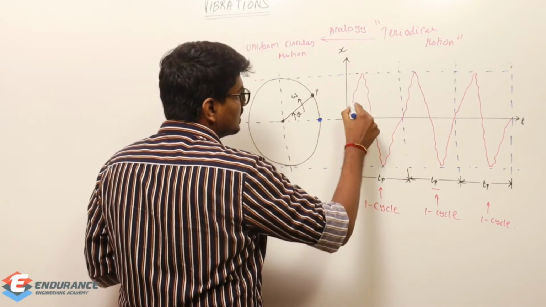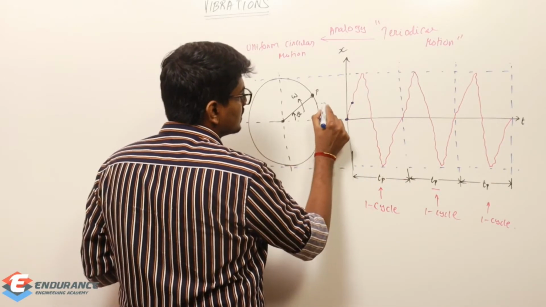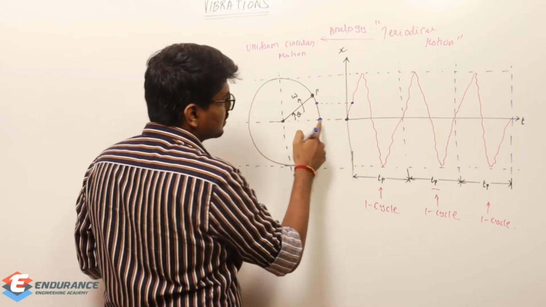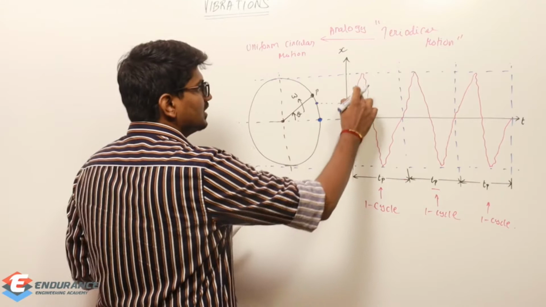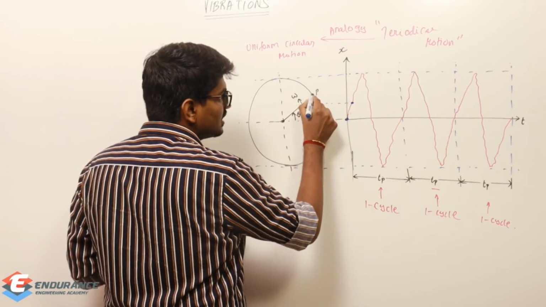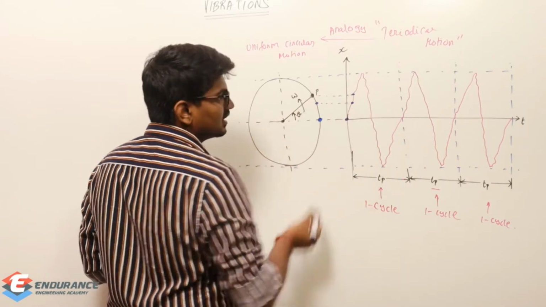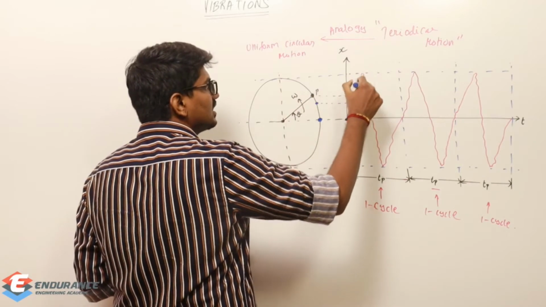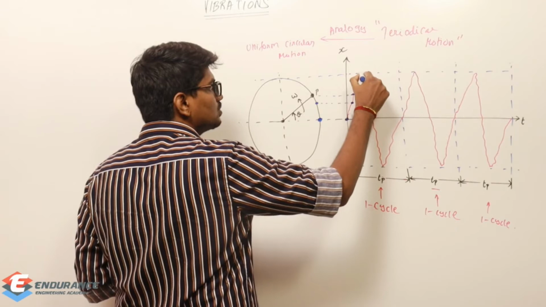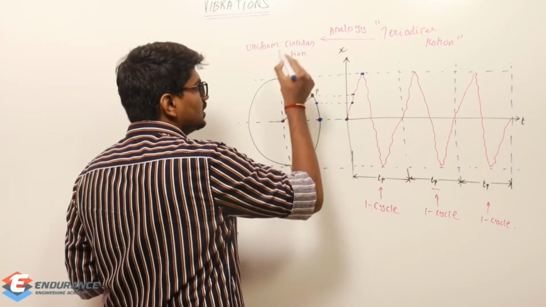When the particle reaches here, the projection reaches here. Further it moves, the particle reaches here and the projection reaches here. And further above, it reaches the topmost point, and the projection also reaches the topmost point.